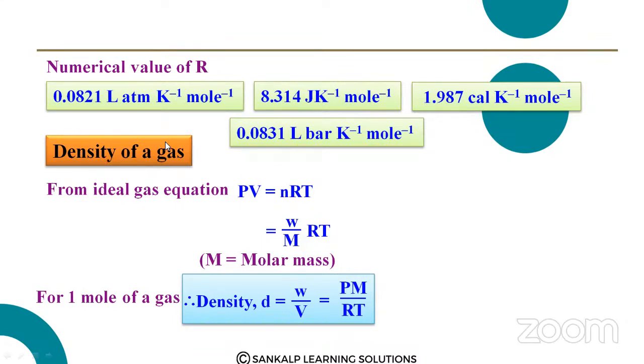How do you calculate the density of a gas? From the ideal gas equation, density is nothing but mass by volume. When you substitute this into PV = nRT, you get density = PM by RT. This is the formula to calculate the density of a gas.